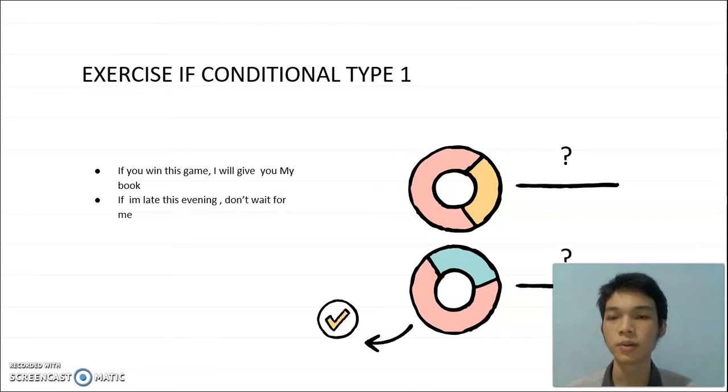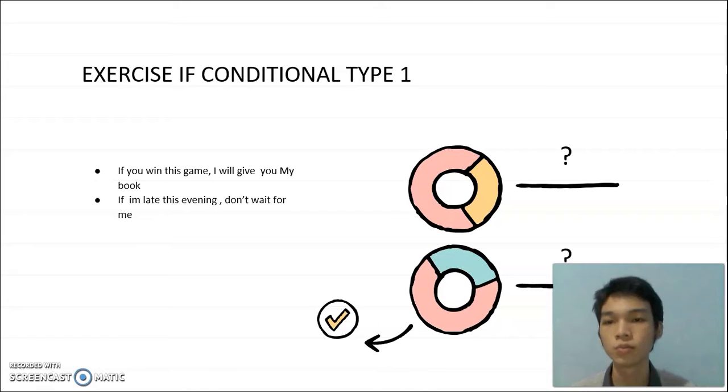So remember, if conditional type one is used for expressing future events with real conditions that would happen, or real condition possibilities. This is like stuff that is exact, like 1 plus 1 is 2, 2 times 2 is 4.